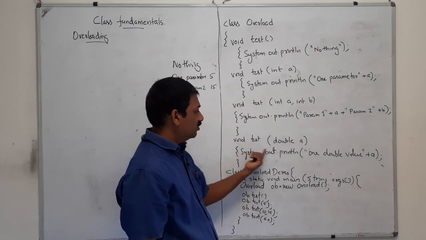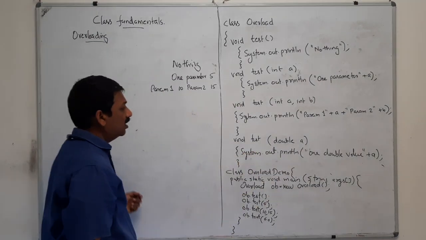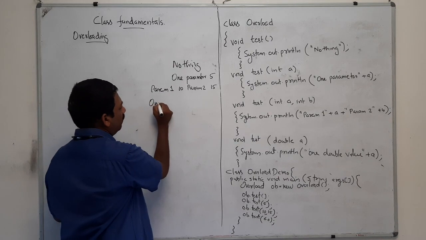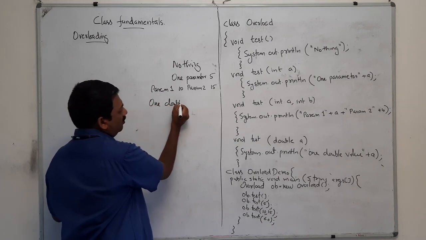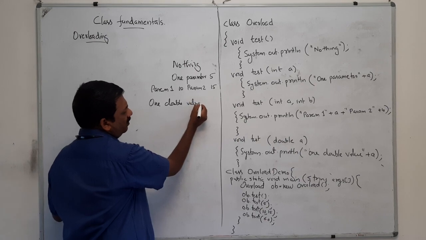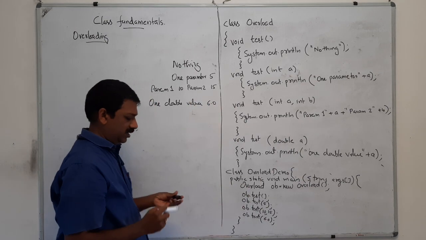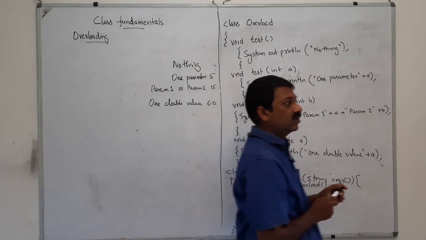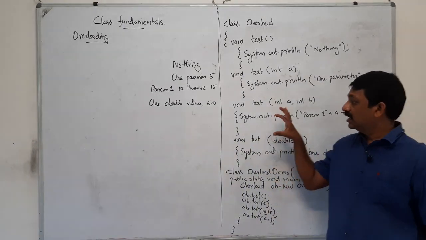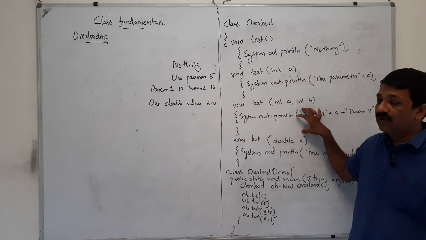That will be executed, and it will print one double value, followed by 6.0. So that is overloading. This is a clear example of how overloading can be done.